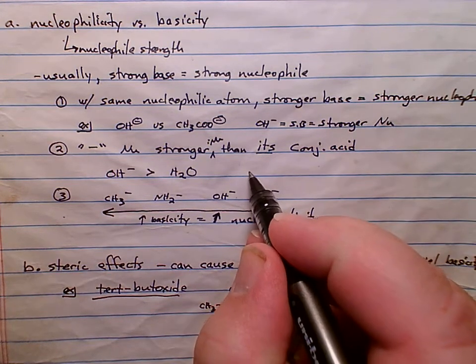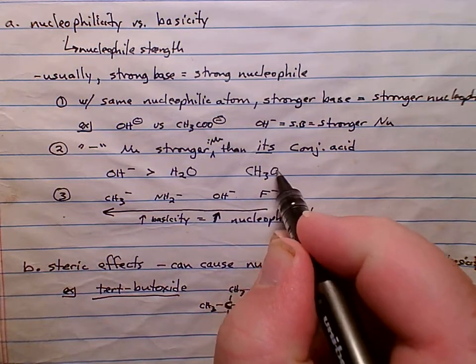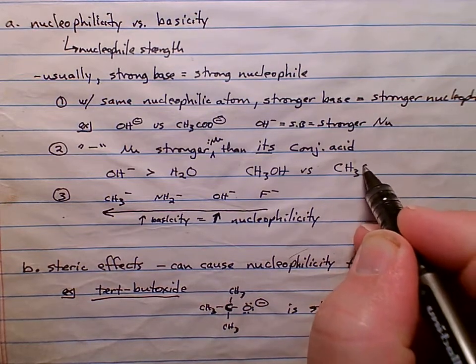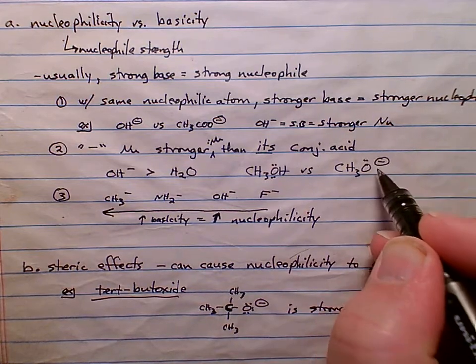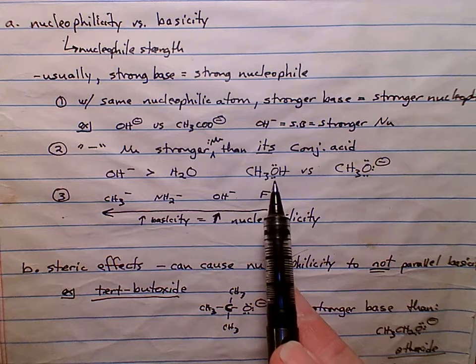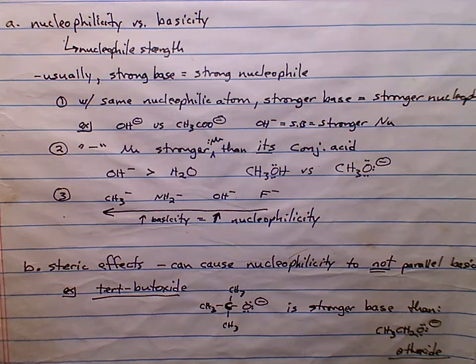We'll also see this quite a bit if I had CH3OH versus CH3O minus, put in my lone pairs, which of these two is the stronger nucleophile? They both have oxygens with lone pairs, but which is the stronger nucleophile?